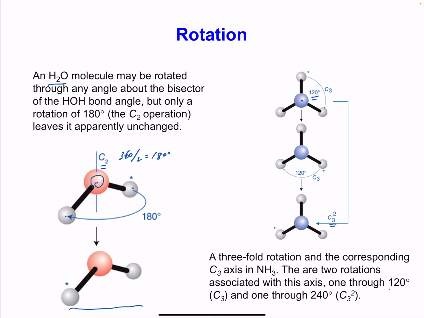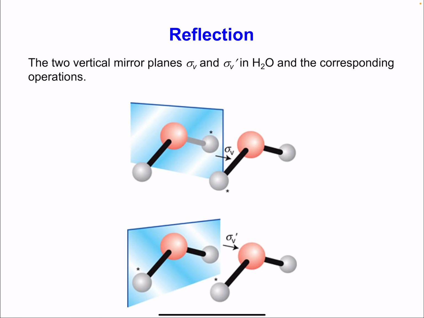Then if you rotate twice the C3, you can also repeat this molecule. So one, the 120 degree, we call C3 rotation. Another, 240 degree, we call C3 squared rotation. So they have two rotation operations.